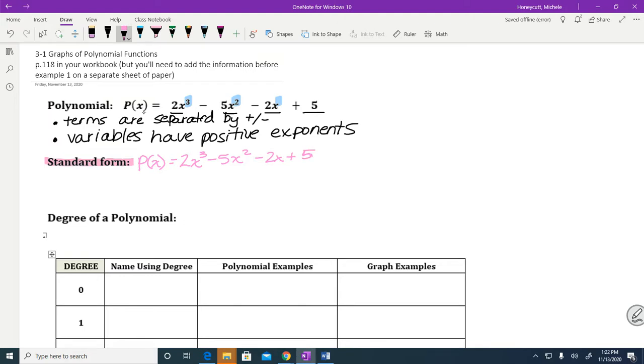So the variable exponents go in descending order, where the terms are written so that variable exponents are in descending order.